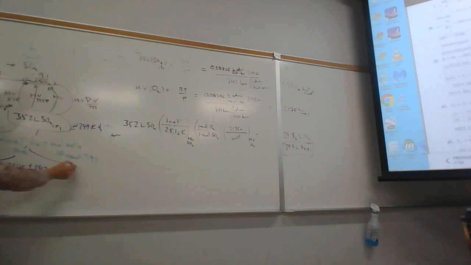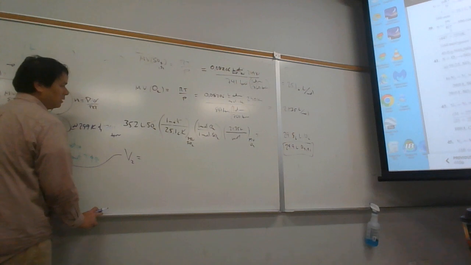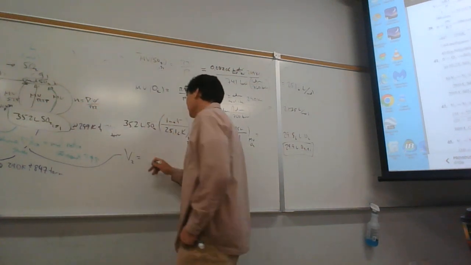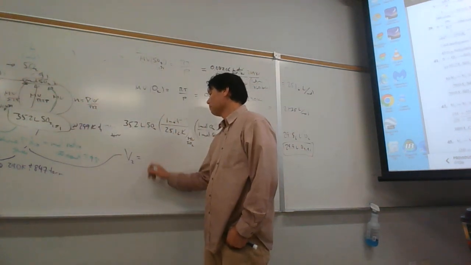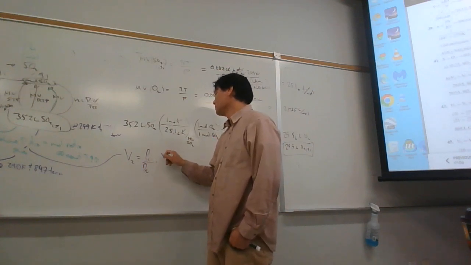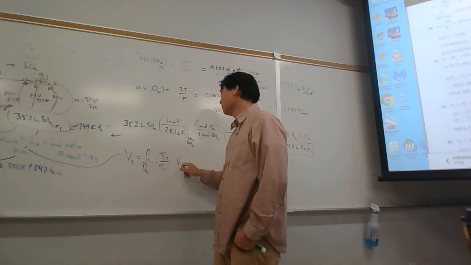So this particular calculation here is V2. V2 is equal to P1 over P2 times T2 over T1 times V1.